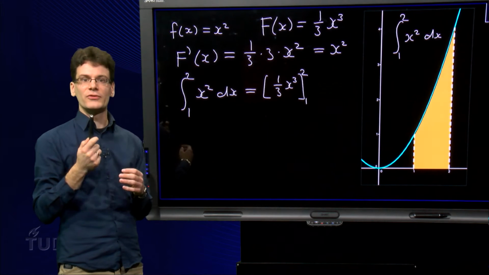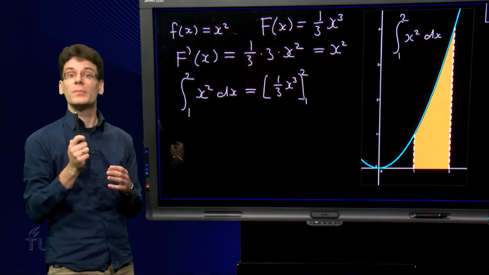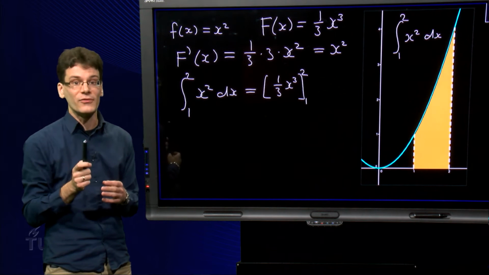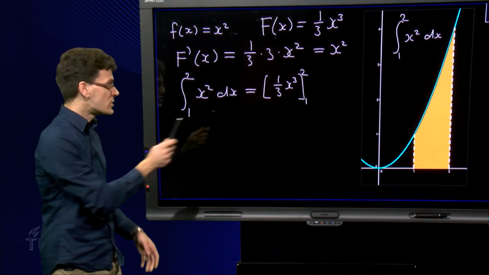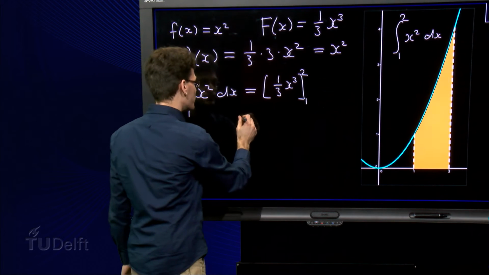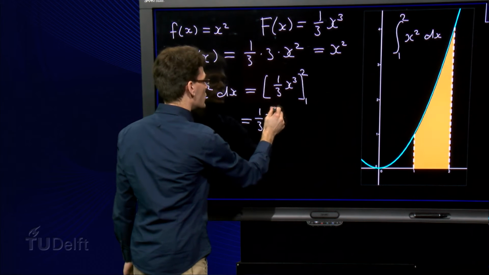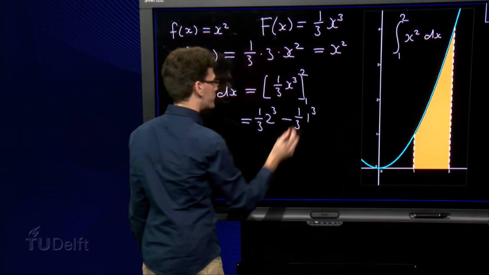The advantage of this way of writing is that you can make clear what primitive function you use before you evaluate. It makes the calculation more transparent, and I advise you to do the same when you write down your own calculation. So this is equal to 1/3 times 2 cubed minus 1/3 times 1 cubed.